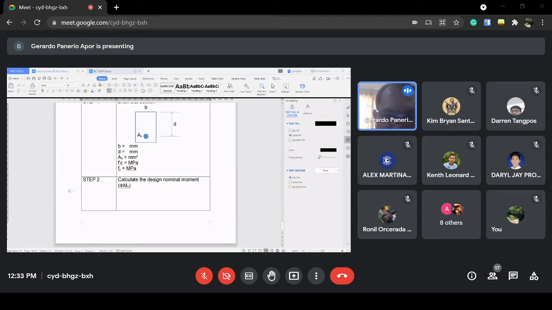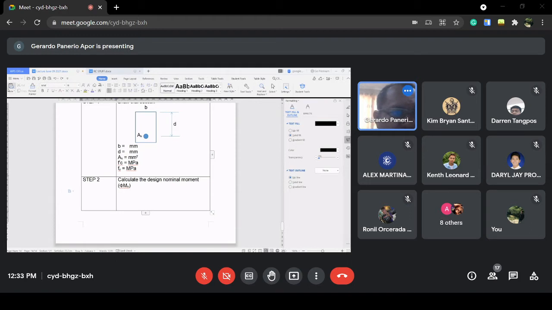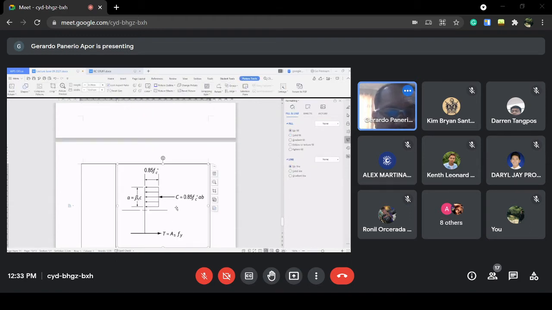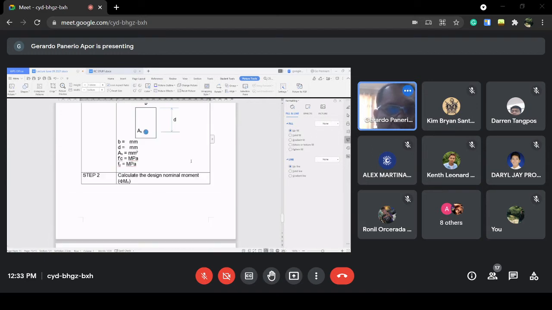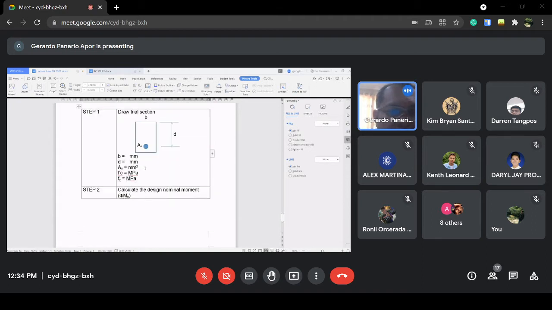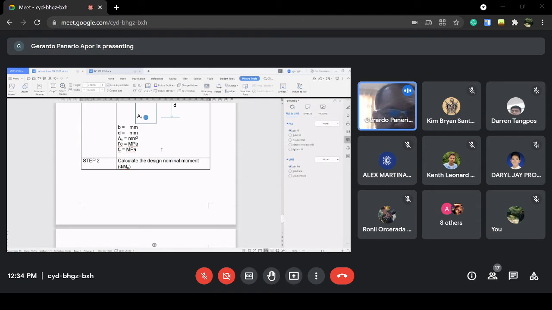This is the Whitney stress block, that is the stress block by Whitney. So once you have already the AS na nakay one, you're going to calculate MN.